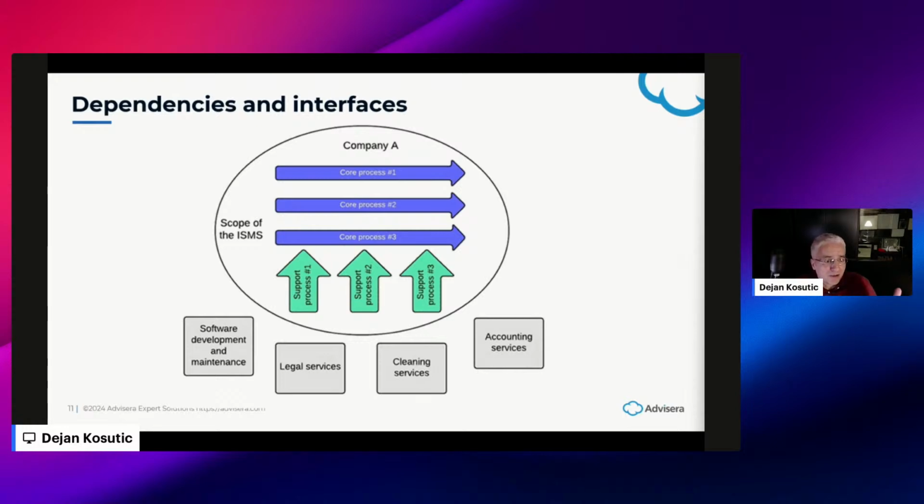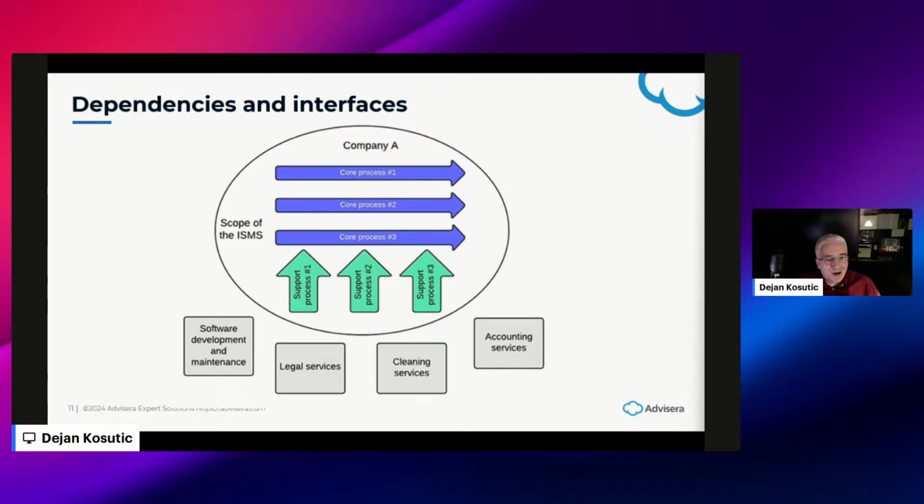You also have a lawyer providing legal services, which you're also dependent on. You're also dependent on cleaning services for your offices, and on accounting services. So basically, these are dependencies, simple as that. You don't have to think too much about it. You simply see what you depend on.